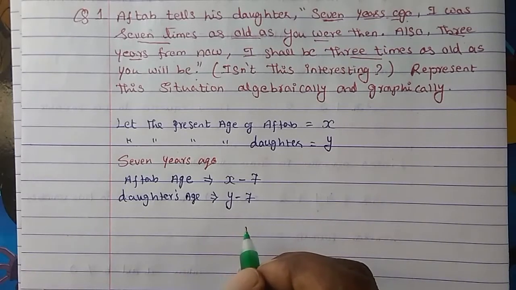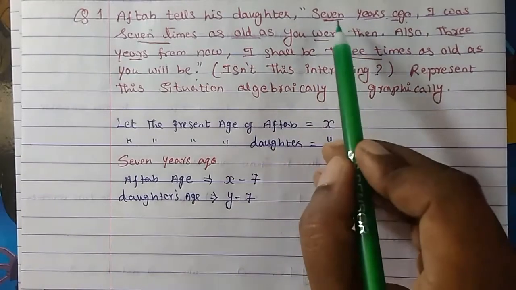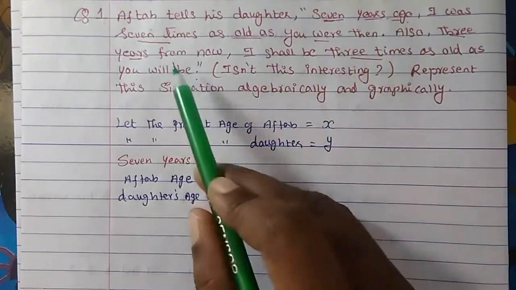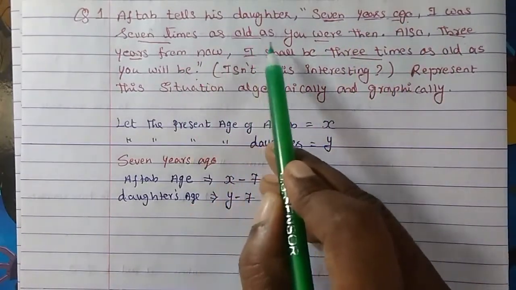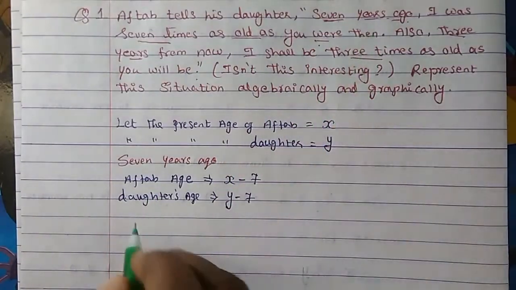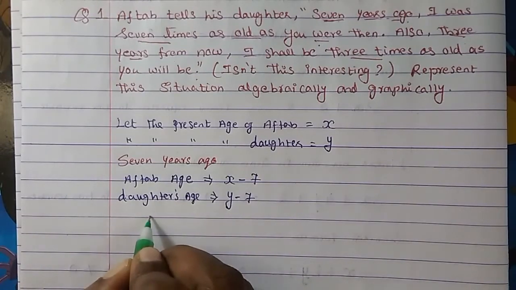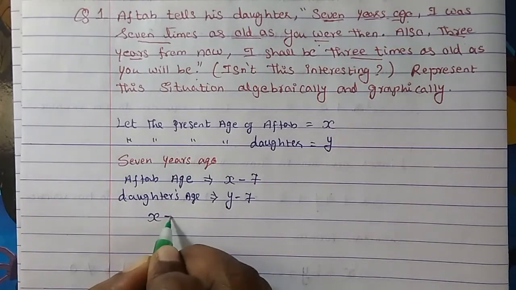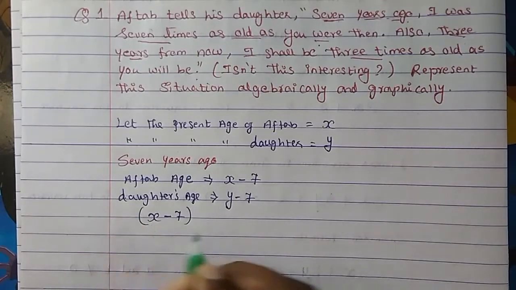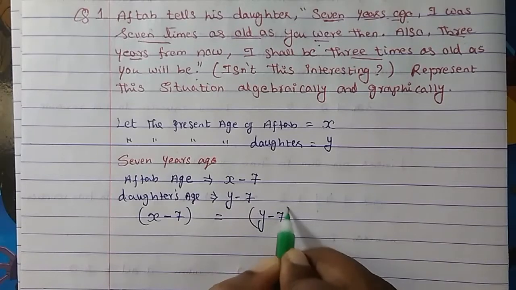So now, according to the question, let us put it. 7 years ago, 7 times as old as you were. So first let us write down equal, Aftab's age and daughter's age 7 years ago. So first Aftab's age we'll write down X minus 7 and equal to Y minus 7.